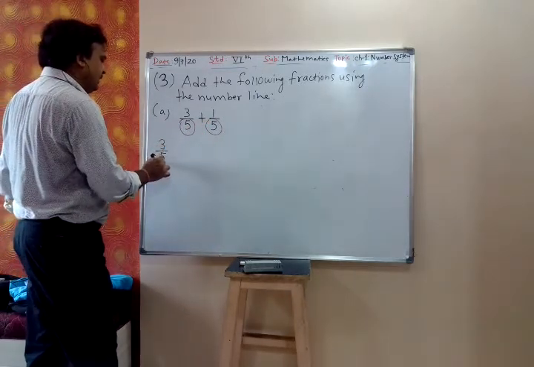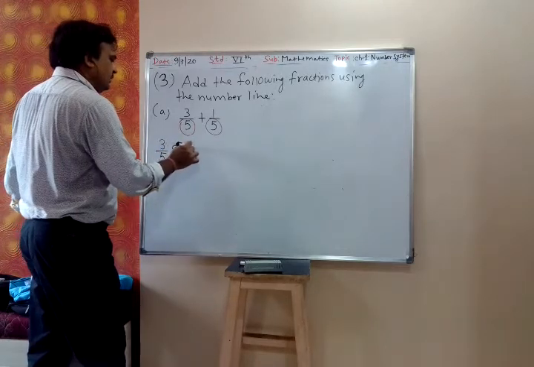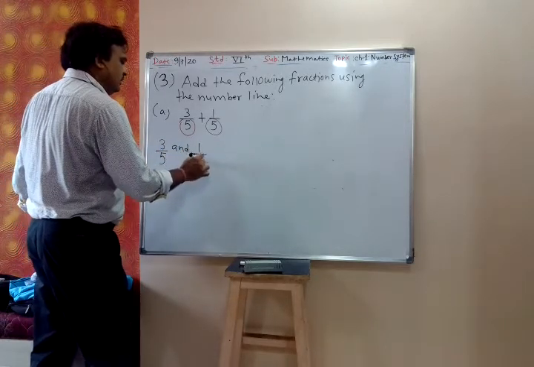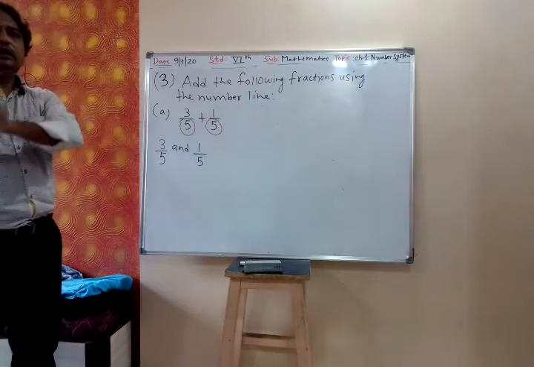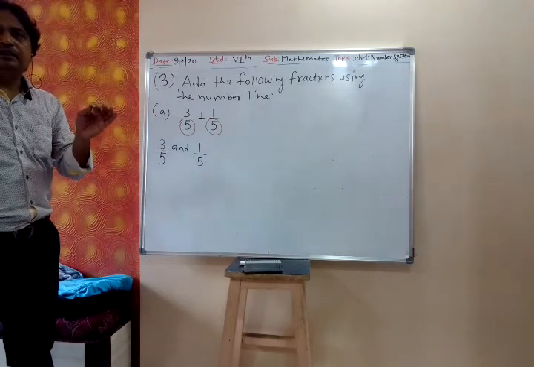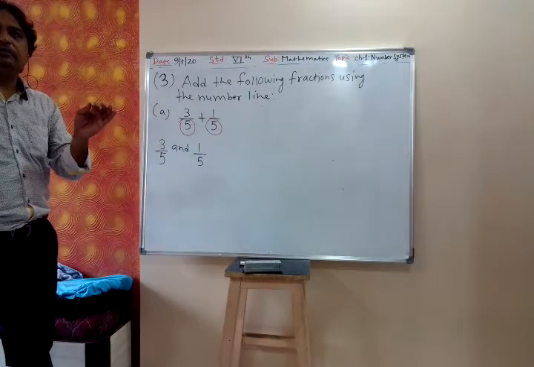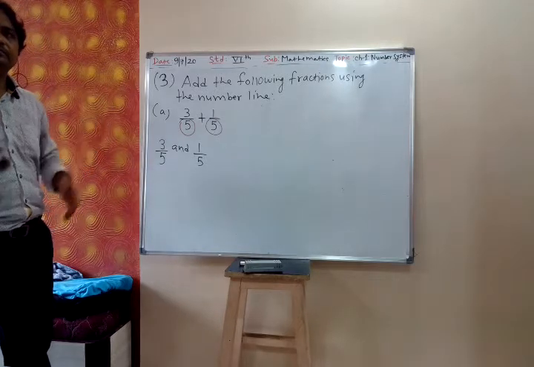Right. 3 upon 5. If denominators are different, then I will make the denominator equal by taking LCM.